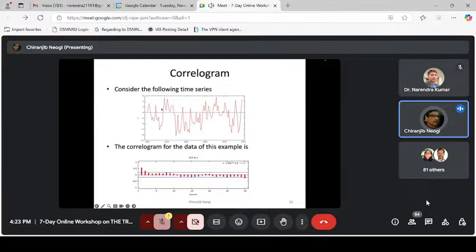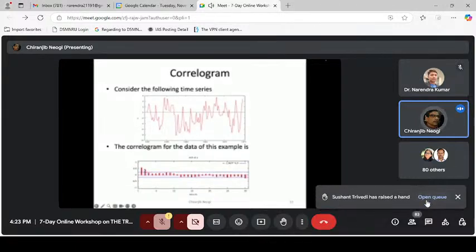This series is almost stationary because the mean is here, say 0, and the variance is almost constant, not fully constant, but constant. There are some differences, but the mean is constant.